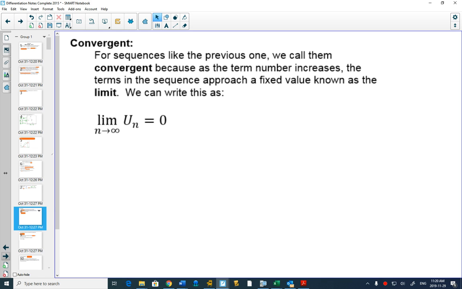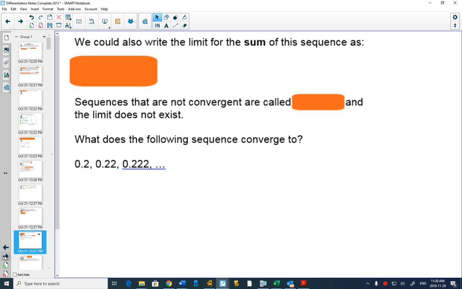The limit as n goes to infinity, that's how you would read that first part, of the sequence un is equal to 0. And we could write the limit of the sum to look like that.